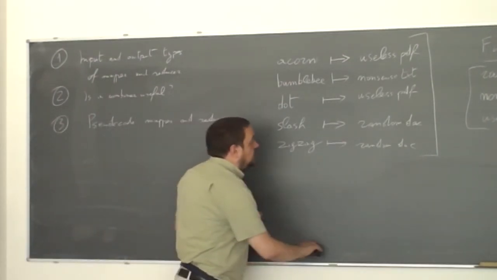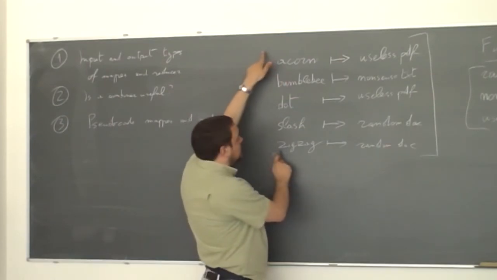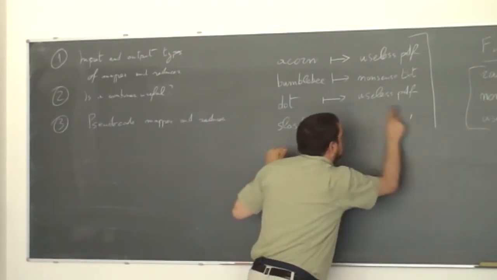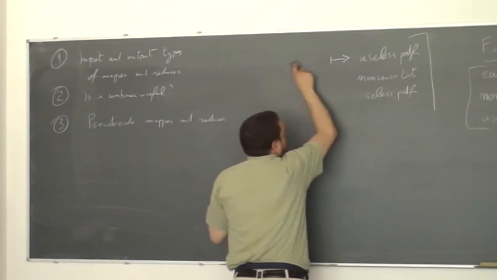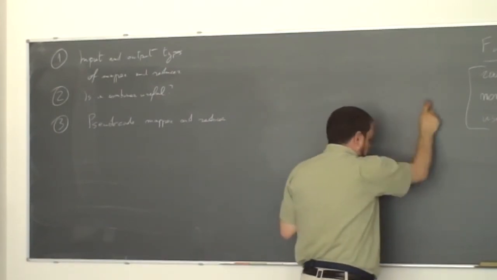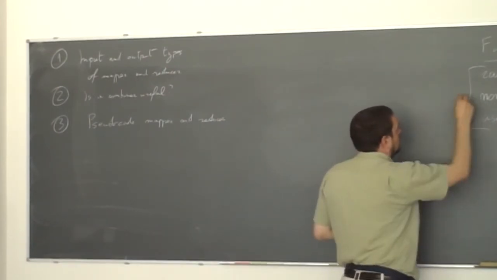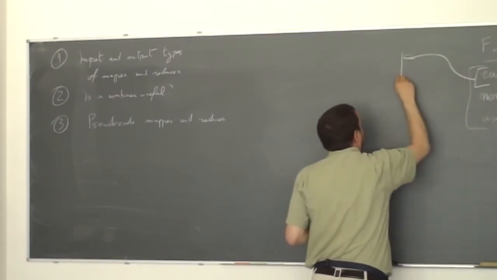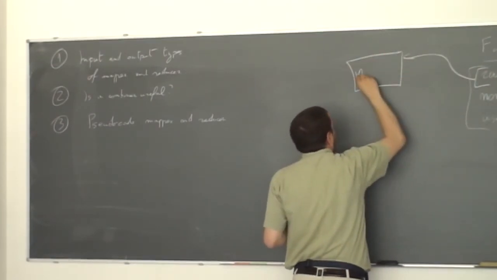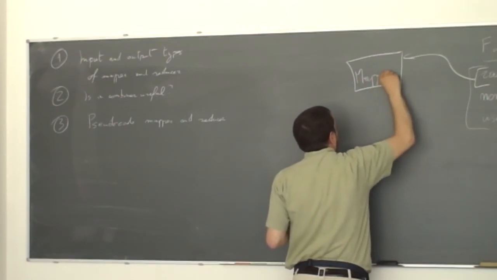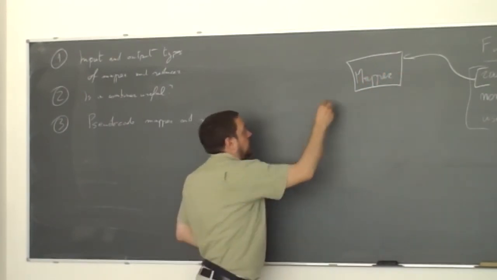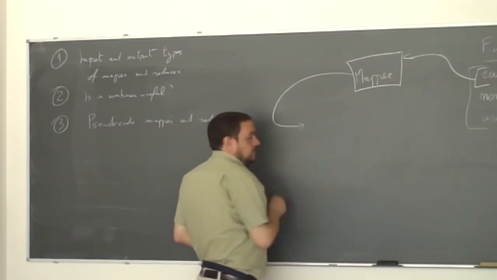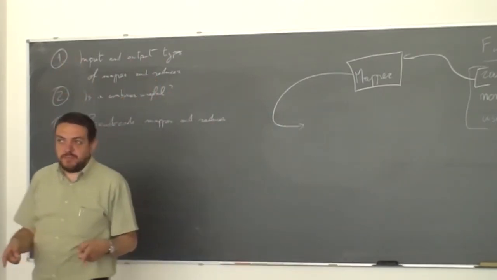So the idea, okay, I think I can erase this central part. When you take the first document and you feed it to a mapper, the mapper is going to generate a list of key value pairs.